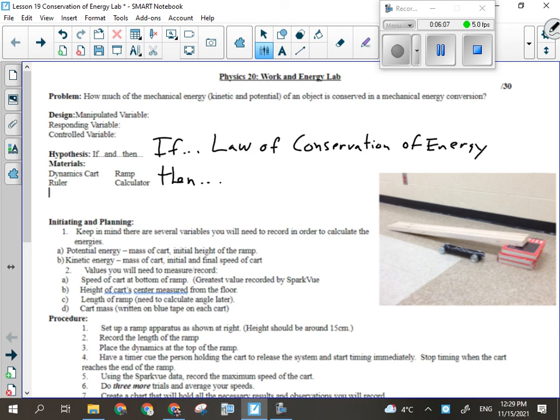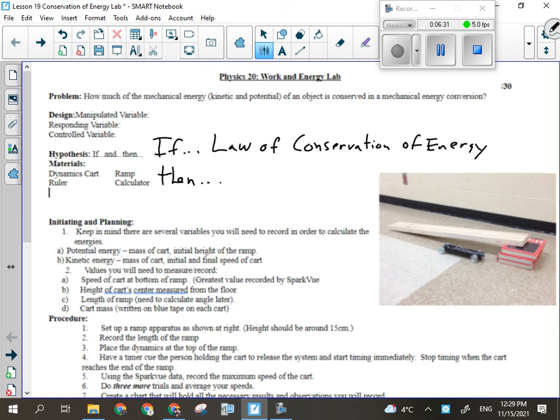Or you can talk about the then part as though it's going to happen in the real world, which is of course where we are actually carrying out the experiment, and then your hypothesis will likely be supported. But the then part needs to tell me what this is going to look like. Is the kinetic energy at the bottom going to equal the potential energy at the top?